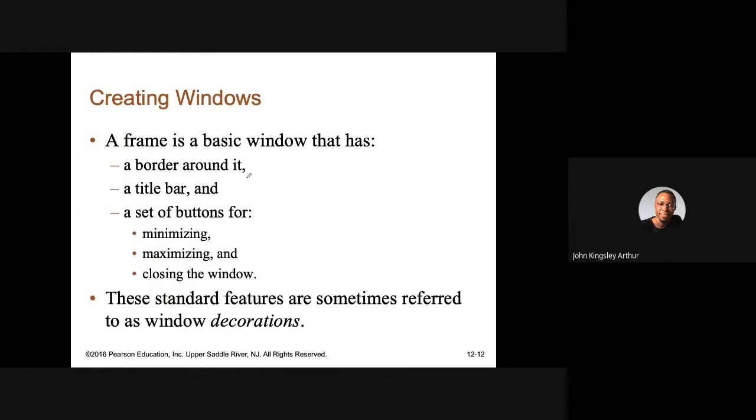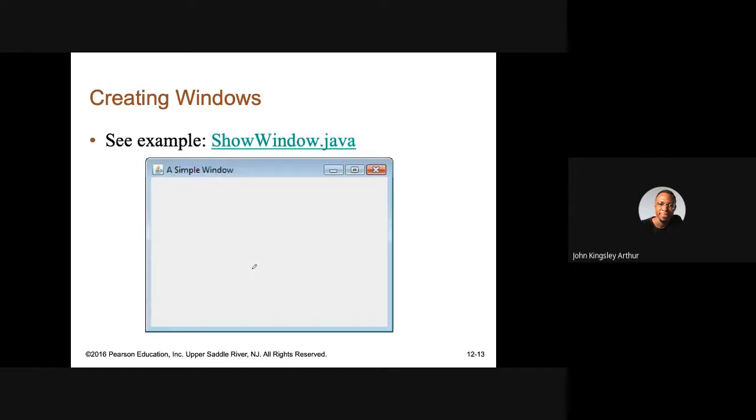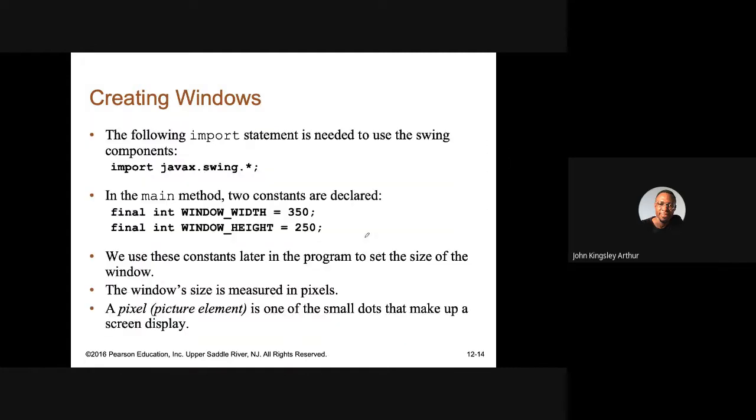Now the frame has some basic properties. It has the border, it has a title bar, and it has a set of buttons for minimizing, maximizing, and closing the window, like I indicated in the earlier form. So this is an example of a window. You are going to learn how to create a window like this.